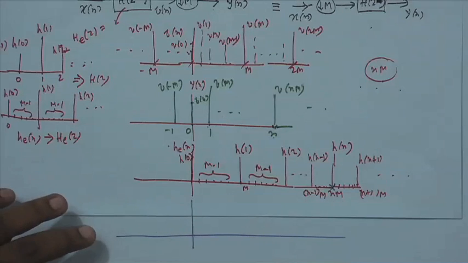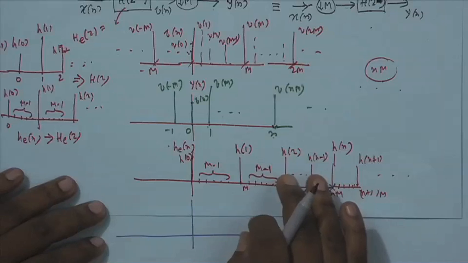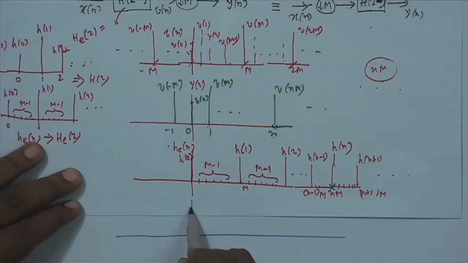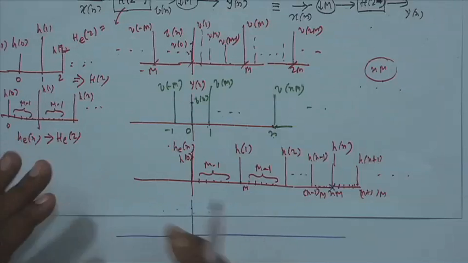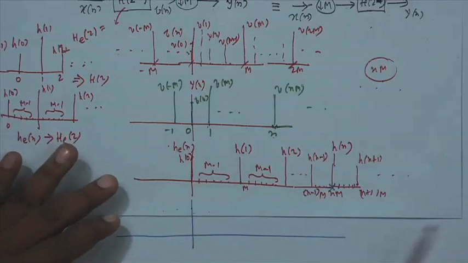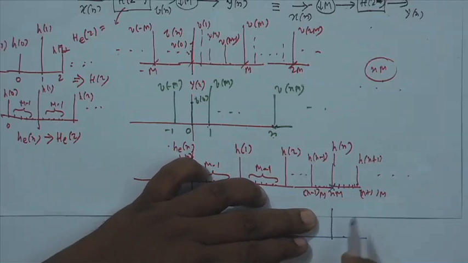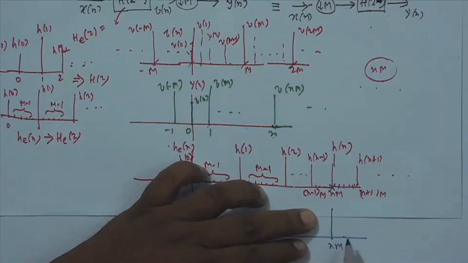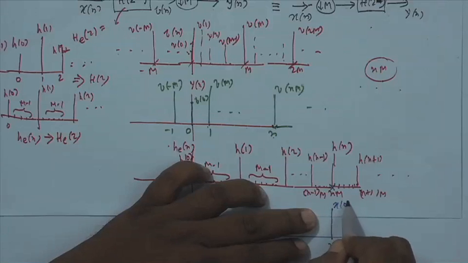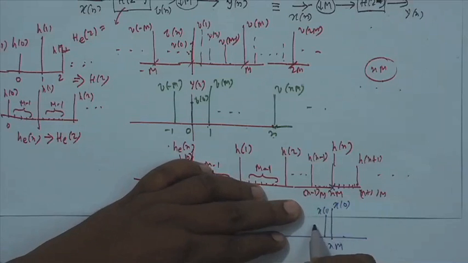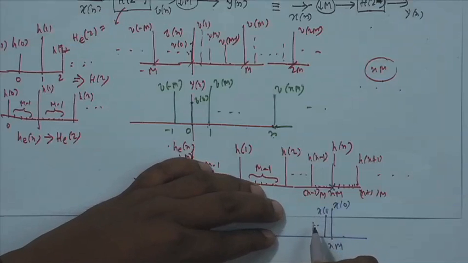So, what I have to do? How to calculate convolution? I hold this h sequence as it is, flip the other sequence. So, x[0], x[1], x[2], x[3], and x[-1], x[-2], x[-3], and this I shift by nM. Since you know graphical convolution, at the nMth point who will come? x[0]. Then I have got x[1] and so on.